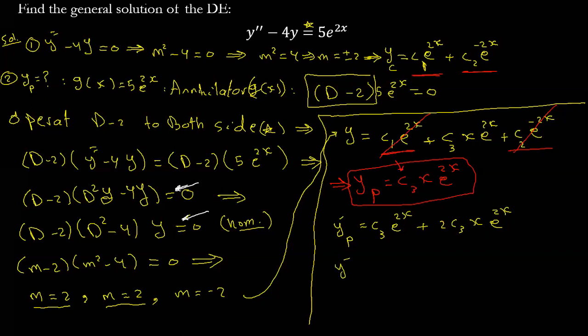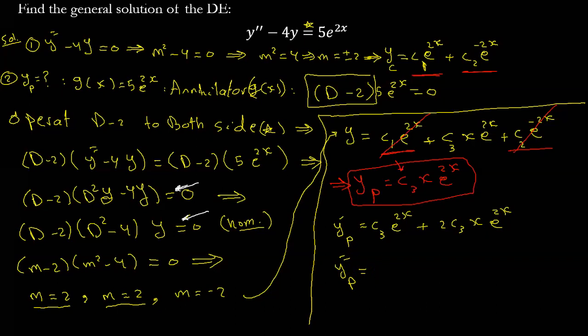Professor, why do you need those two derivatives? Because I'm going to plug in my differential equation to get the value of C3 in my YB. Take care always, YB is a particular solution with no constants.